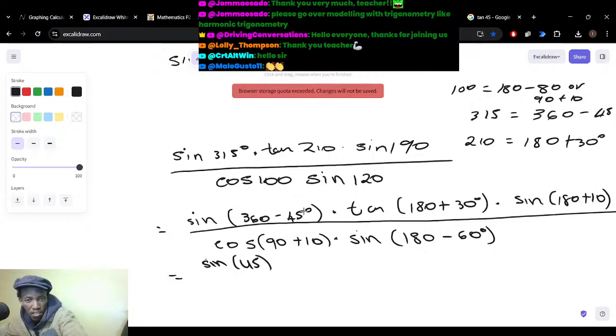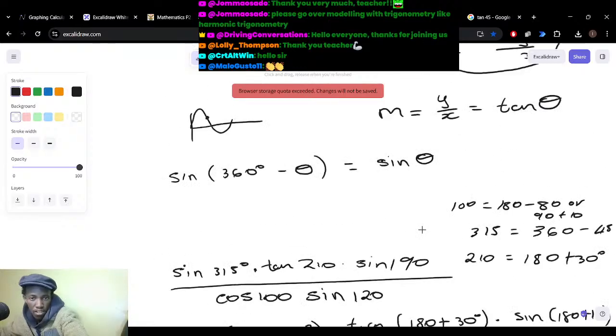What about tan? For tan, we have the following trig reduction: tan of 180 plus theta equals what? Tan theta.